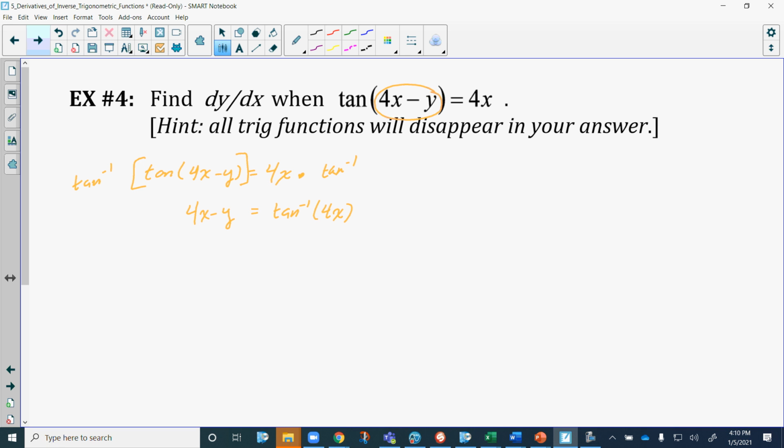And now you can start to see how we might apply the trig derivatives, or the inverse trig derivatives, that we were using.